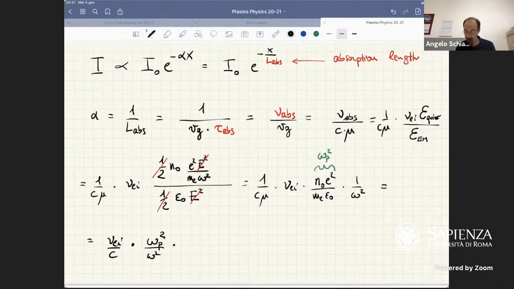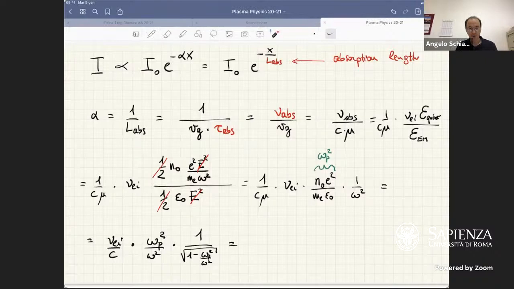Then what remains is mu, which is 1 over the square root of 1 minus omega_p squared divided by omega squared.